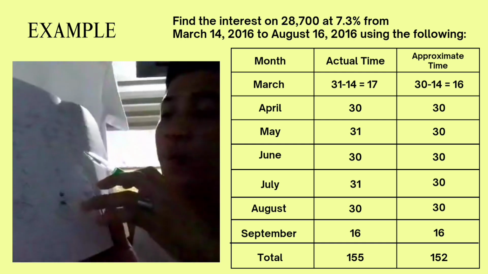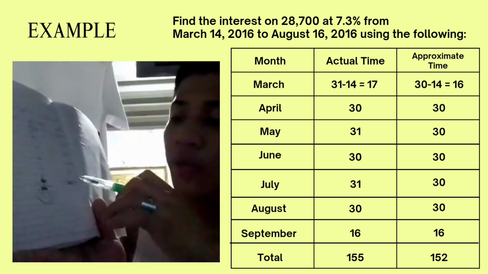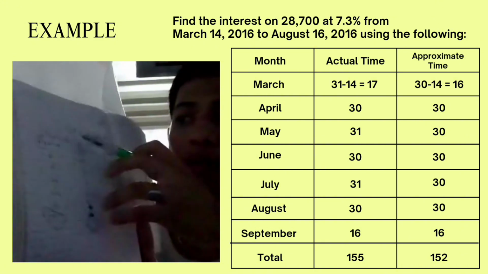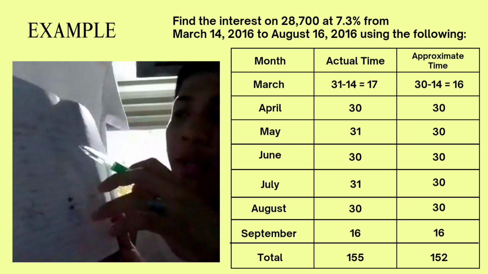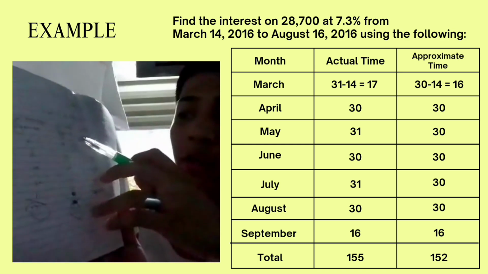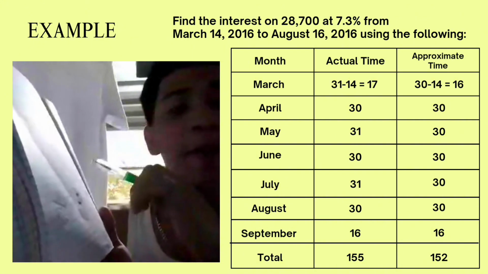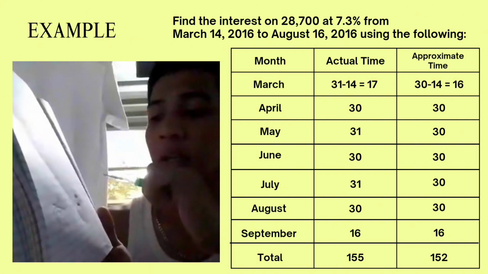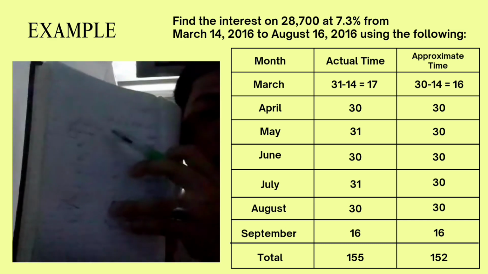From month, start with March, because from March, April, May, June, July, and stop with August, because to August. In actual time, start with the month's actual days: March 31, April 30, May 31, June 30, July 31, and stop at August 16, because it only goes up to August 16.